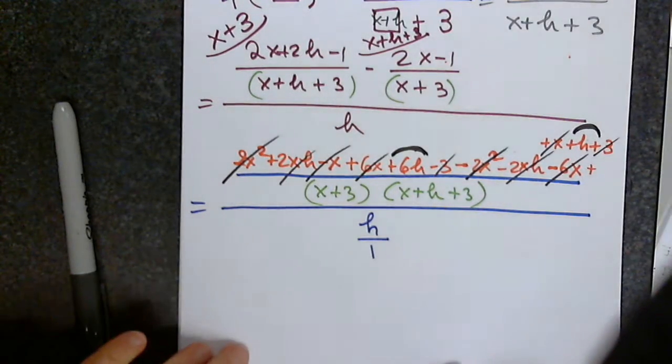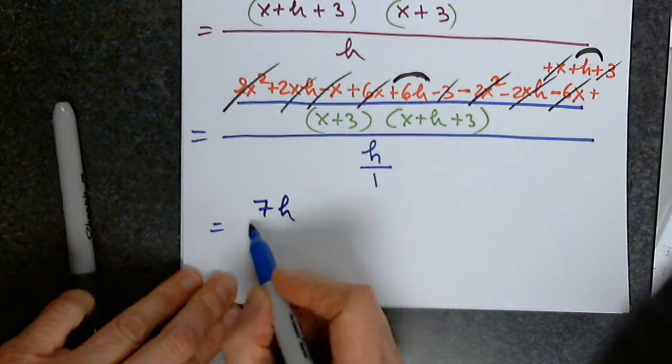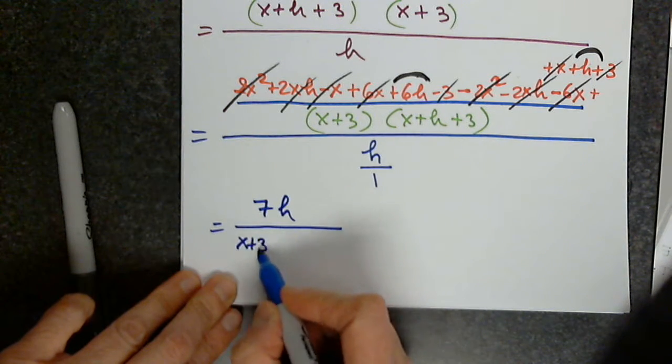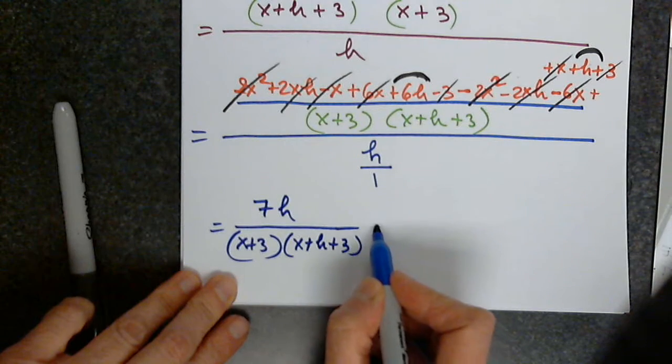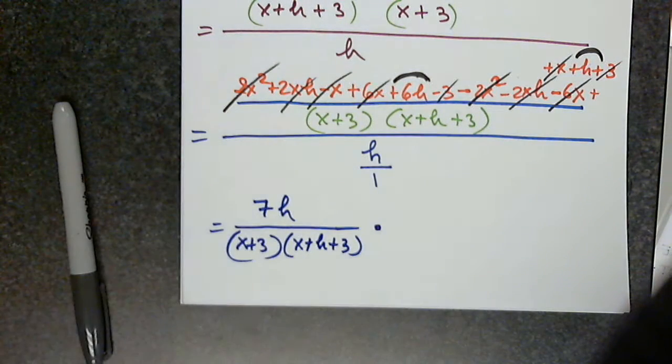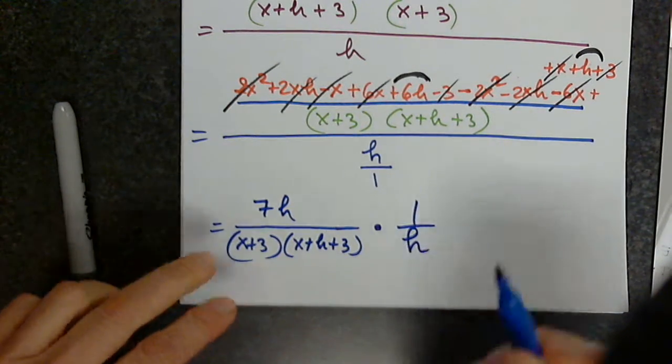And as expected, we have 7h over x plus 3 times x plus h plus 3, multiplied by, how do I divide two fractions? Multiplied by 1 over h.